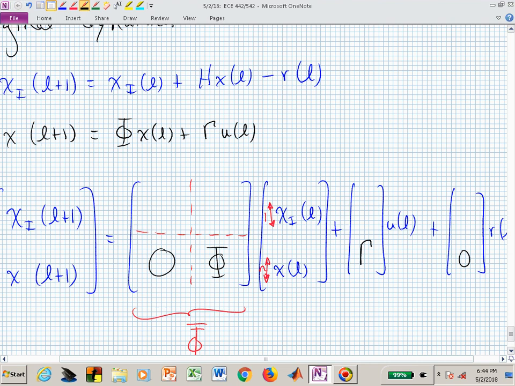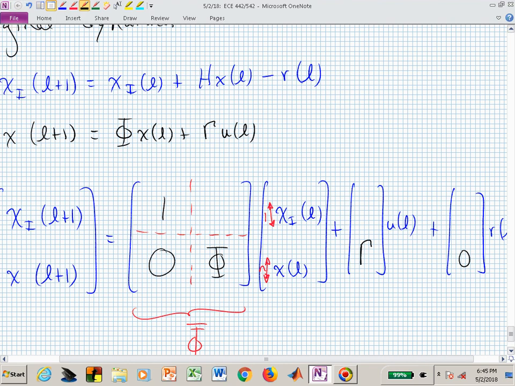Do we have anything in the 1-1 submatrix? We have the identity matrix, don't we? And that identity matrix is how big? It's 1 by 1. So we just have a 1 right there. What do we have sitting off in the 1-2 submatrix? It's now H, isn't it?